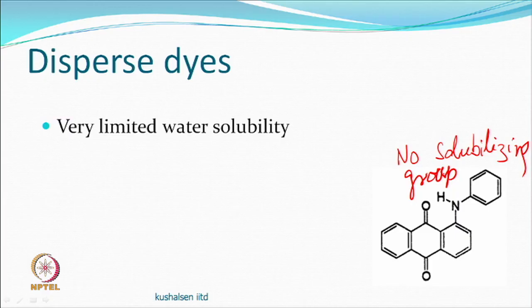But it is not zero solubility, it is a limited solubility, because they are called dyes. If they were absolutely insoluble, then they would be pigments, right. So in water they have solubility, but very little solubility, and this is the whole trick.